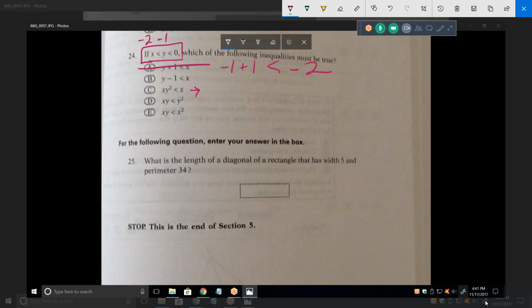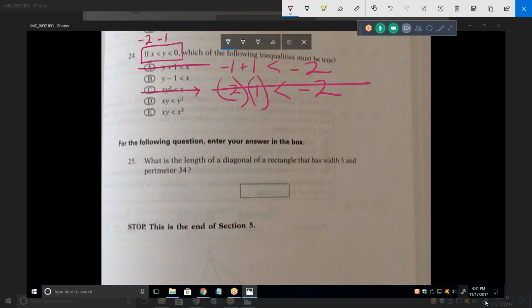X is -2 and y is -1, but y squared is +1. And is that less than -2? Well, no, it's not. No, it isn't. So no matter what, that's not true.